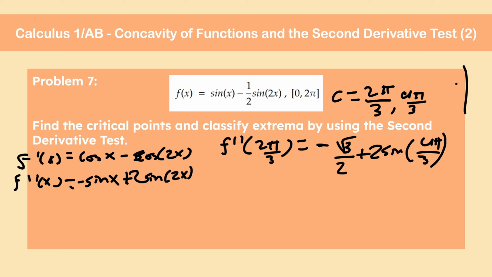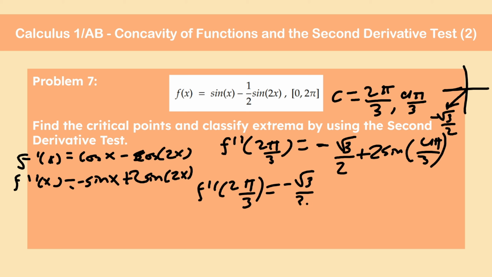So this would be down here, it should be negative square root of 3 over 2. So the second derivative at 2 pi over 3 would be negative square root of 3 over 2 minus square root of 3, which is less than 0, which means that 2 pi over 3 is a relative maximum of the function.